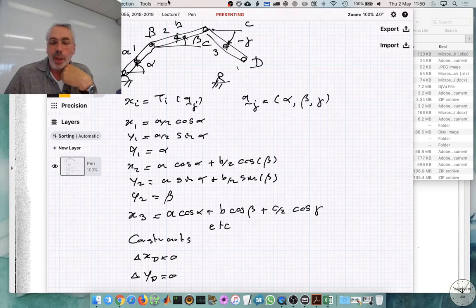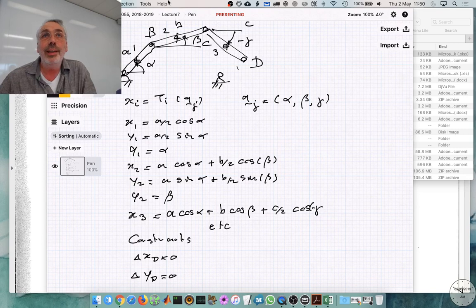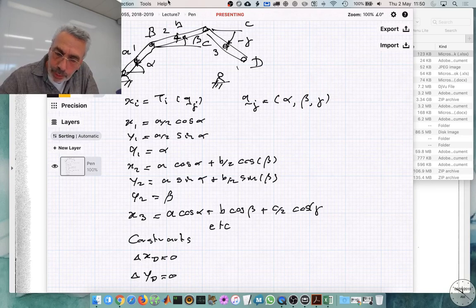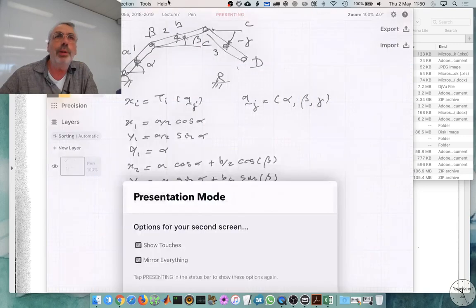Or you could say, okay, I put in minus gamma in the expressions here. So I write here cosine of minus gamma, and the cosine of minus gamma is equal to the cosine of gamma. But I wouldn't do that. I would just look at the figure and say, oh yeah, if this is minus gamma, then plus gamma is up.